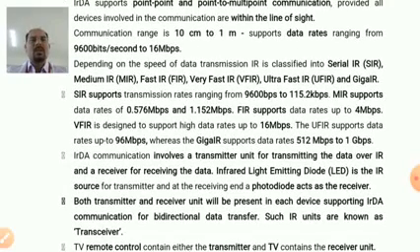Based upon the speed of data transmission, infrared is classified into serial IR, medium IR, fast IR, very fast IR, ultra fast IR and giga IR. Serial IR supports 9600 bits per second to 115.2 kilobits per second.